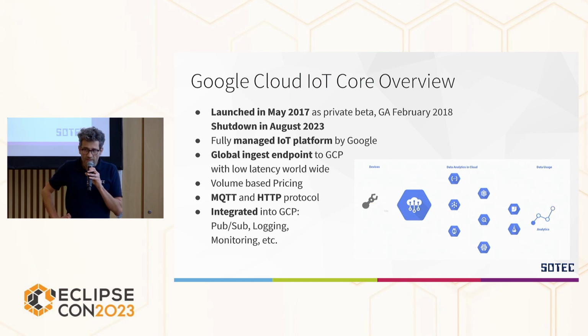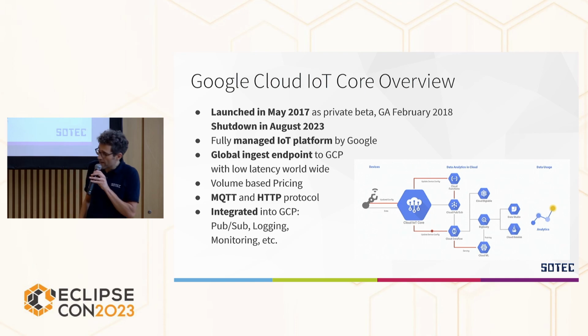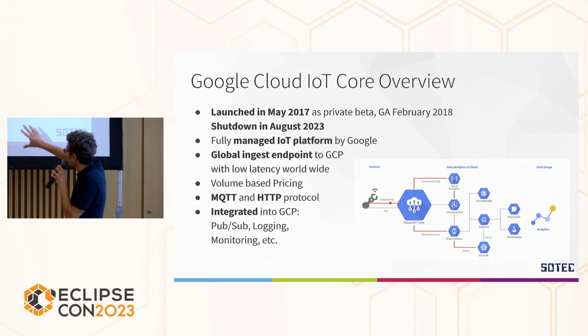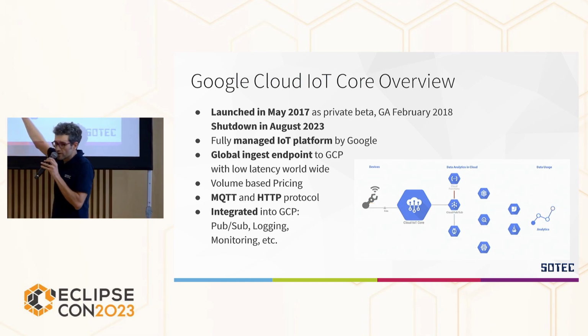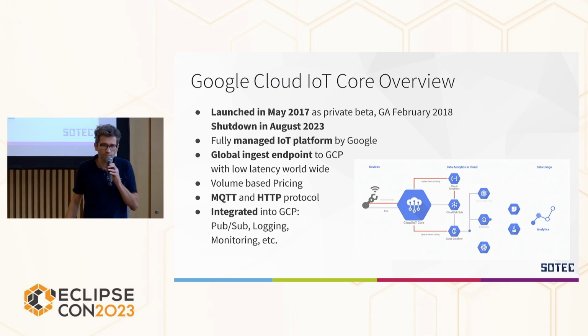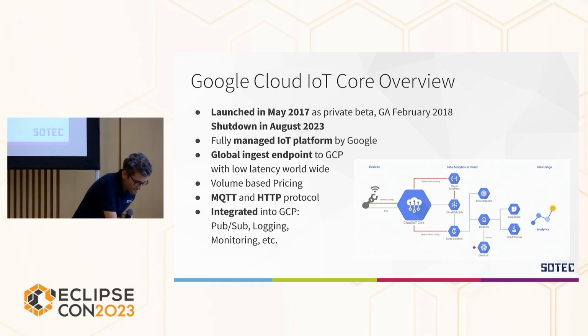It had volume-based pricing and two protocol adapters, MQTT and HTTP. And as you can see here in the picture, it then integrated with different services in GCP. Most notably, Google Cloud PubSub, a managed messaging infrastructure.